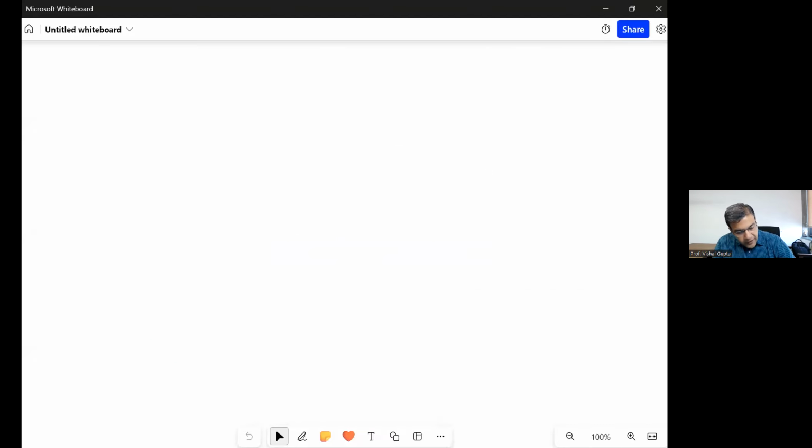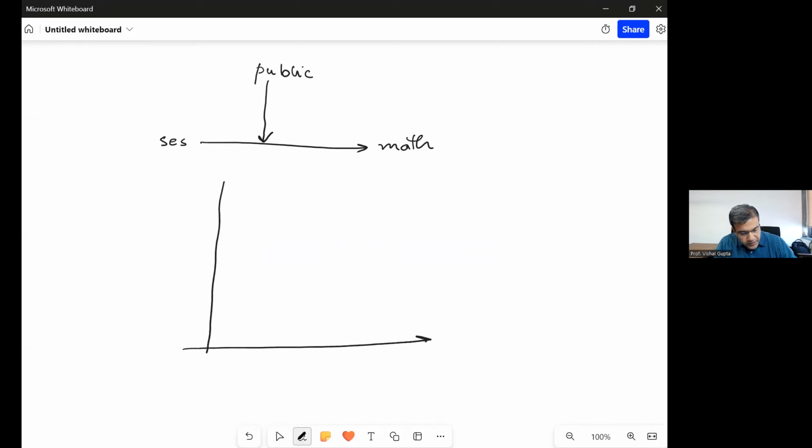Okay. Now, whenever you have a moderation, what is it that we are saying? That there was a relationship between SES and math, and this is moderated by the public variable. When you have moderation, I'm sure you are aware of this, we also plot an interaction.